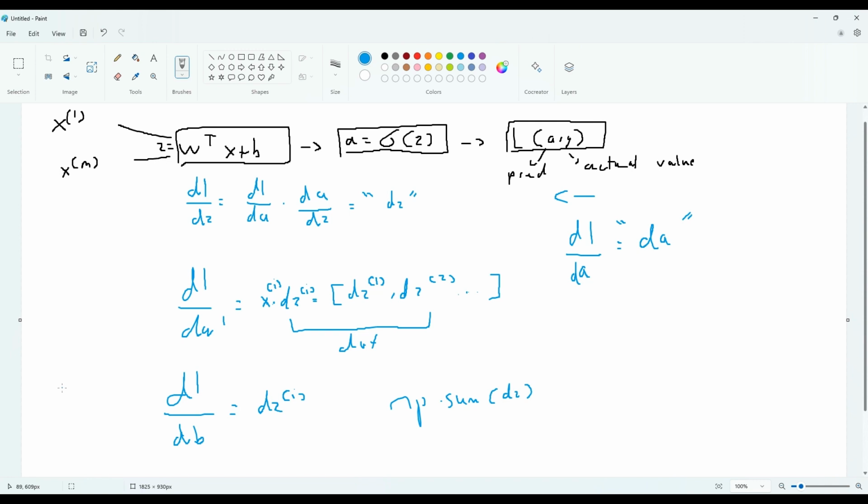I hope this can make sense. And I think I did explain that. Okay, so I hope this part kind of makes sense. But again, if you're confused about why we're doing x times the derivative of z, I want you to build an intuition.